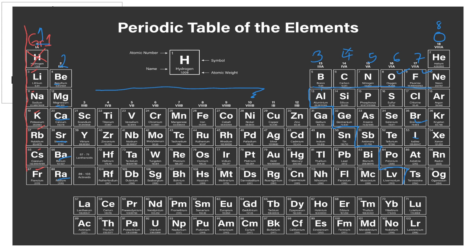If an element is in group 3, it has 3 electrons in the outermost shell. Group 4, how many electrons? 4, good. Group 5, how many? 5, good. Group 6, and so on. Group 7 and group 0 or group 8 also have 8 electrons in the outermost shell.